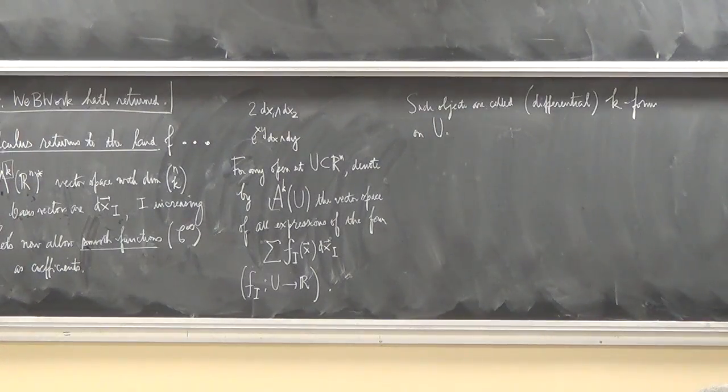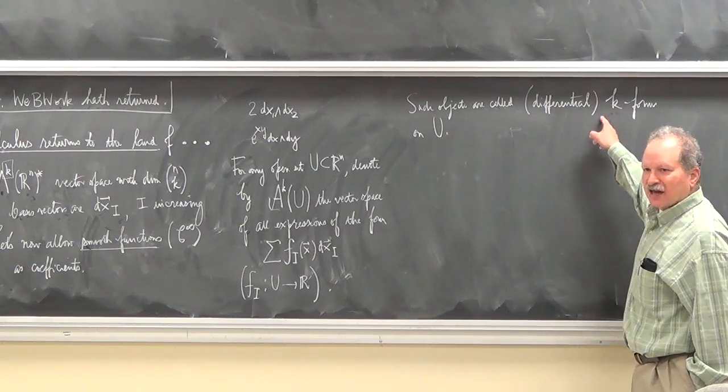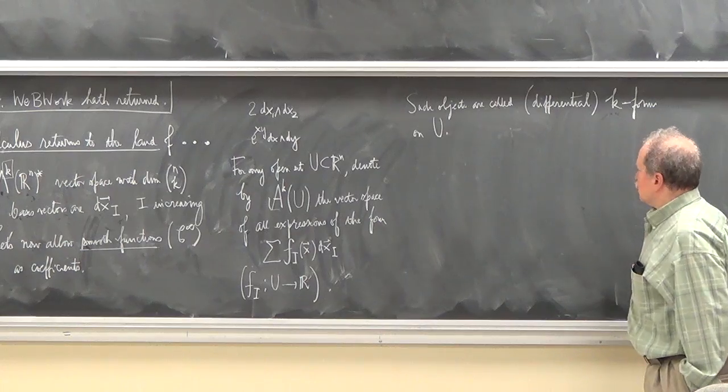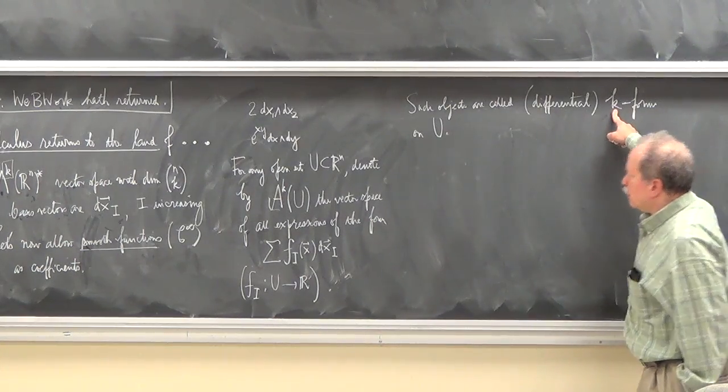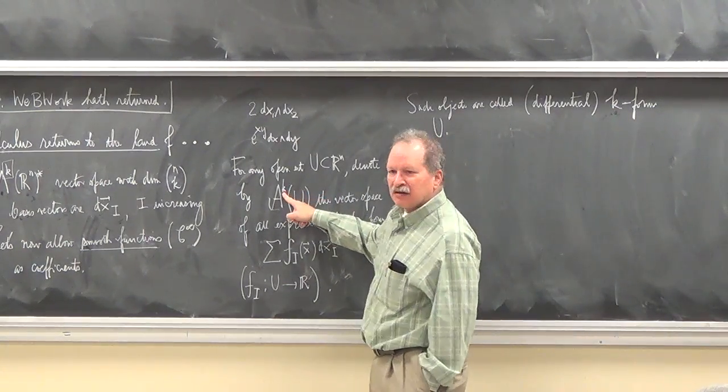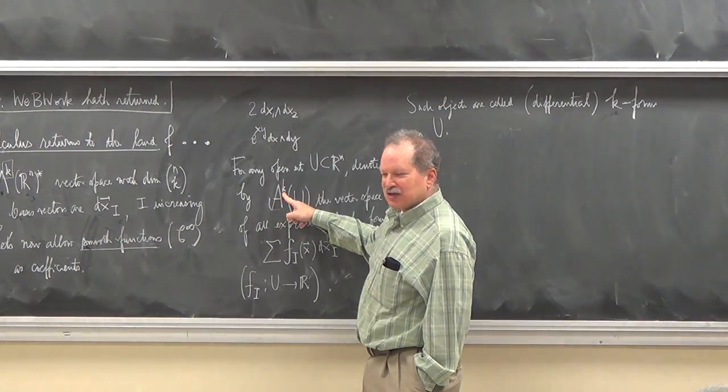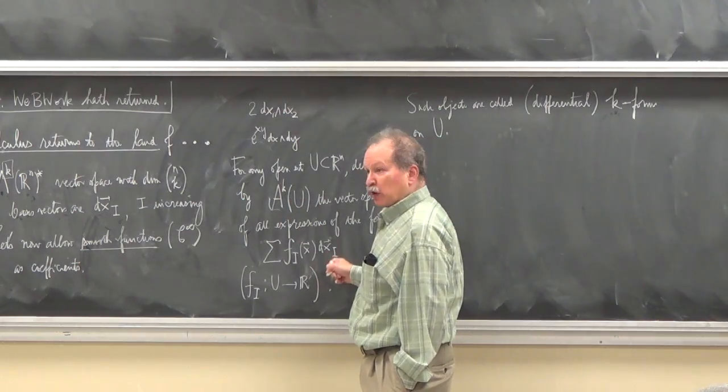So here's the dreaded word, differential forms, where we're keeping track of the k here. A one-form means that you have a 1 here, which means it's built out of dx's with only one subscript.